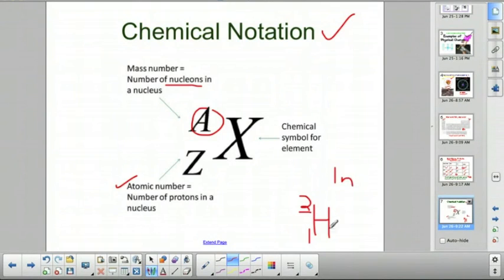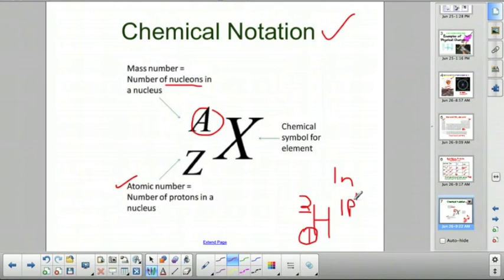Okay, so let's look at this all together, right? What can we tell from this? We can tell from this that we have a mass of 2 and an atomic number of 1. We can tell from this also, because the atomic number always equals the number of protons, that we have 1 proton.